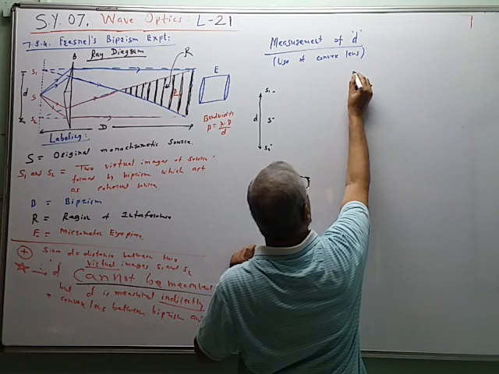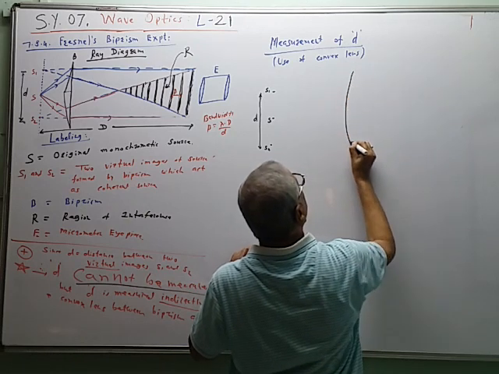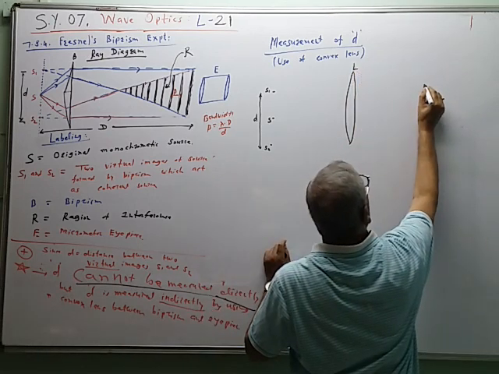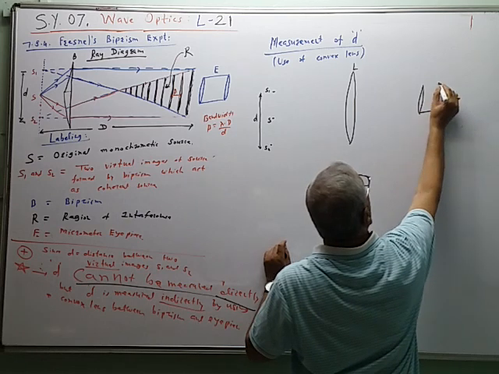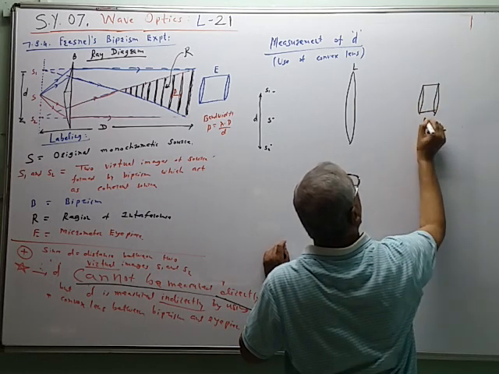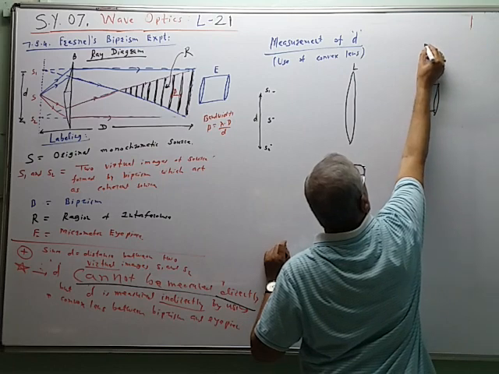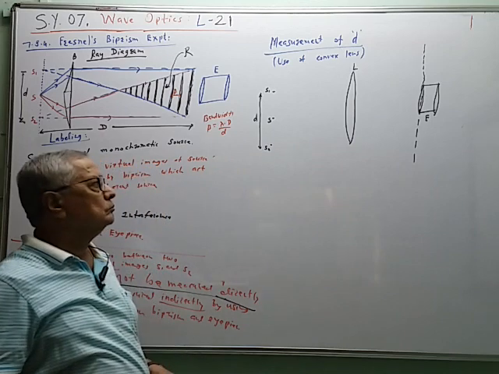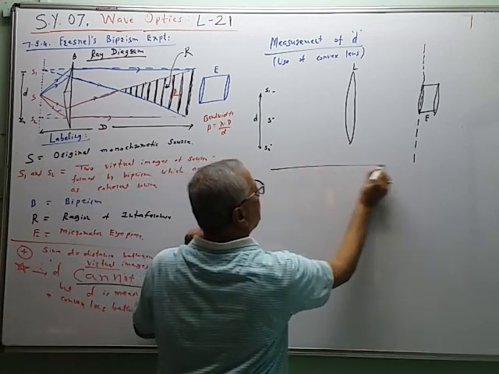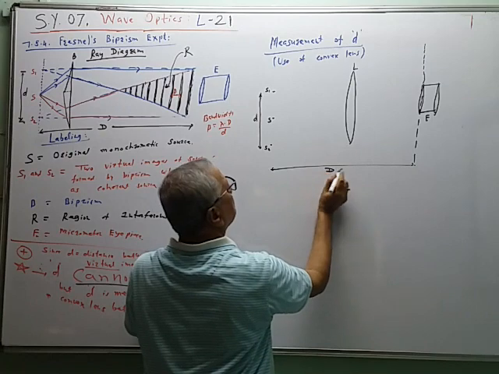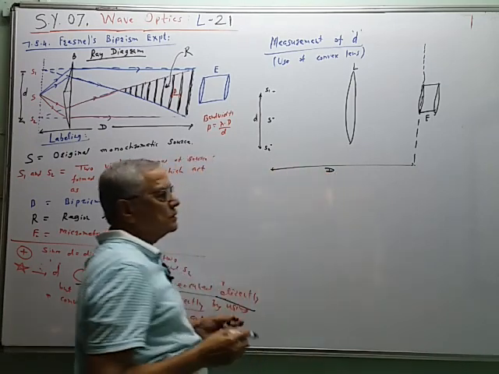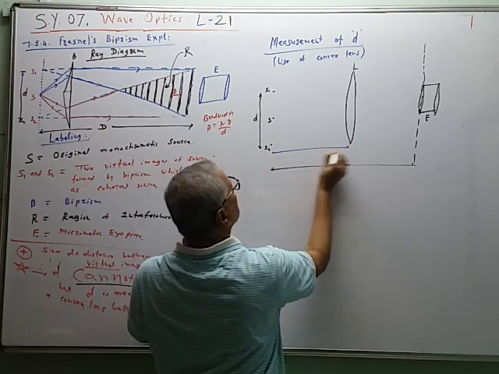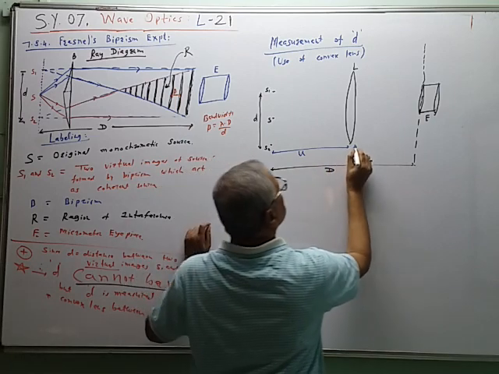So the convex lens L is kept here, and here is a micrometer eyepiece. In the focal plane of the micrometer eyepiece, this distance is capital D. This distance is object distance u. This is image distance v.